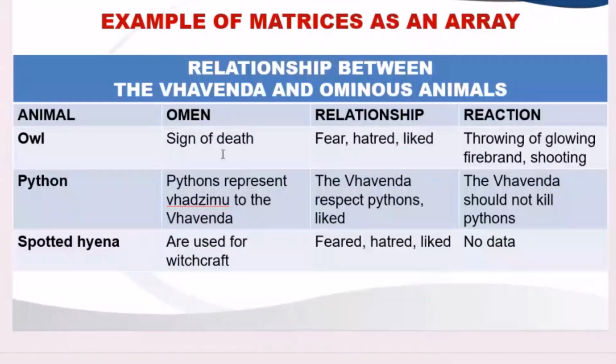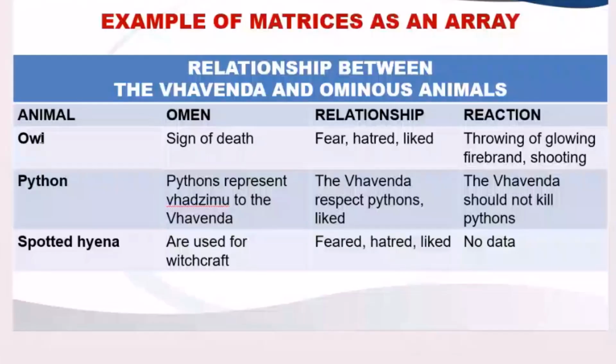This might represent a category of omen. A subcategory of omen relates to the omen that is only in relation to the owl, and the other subcategory is the omen that is specific to the python or to the spotted hyena.